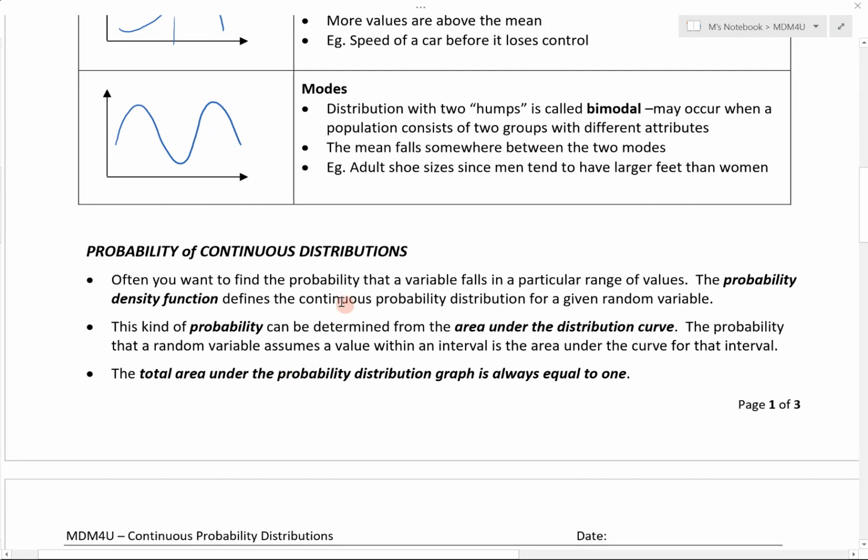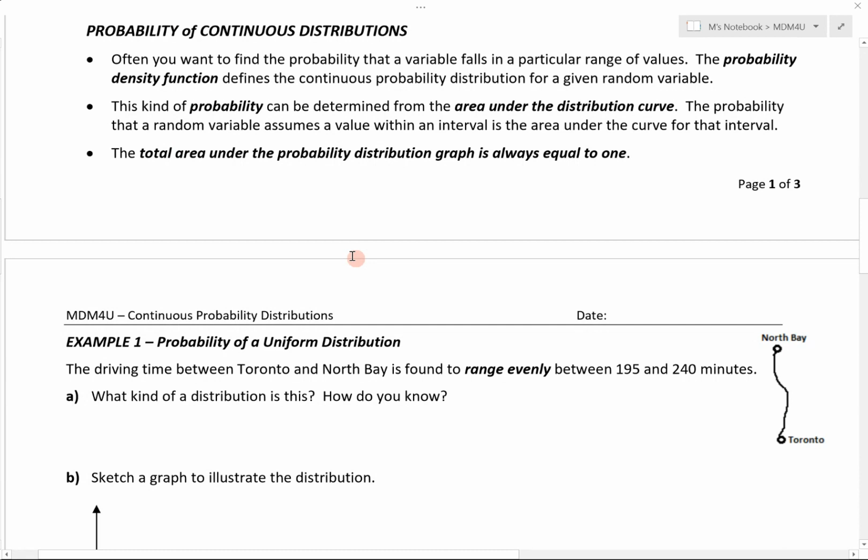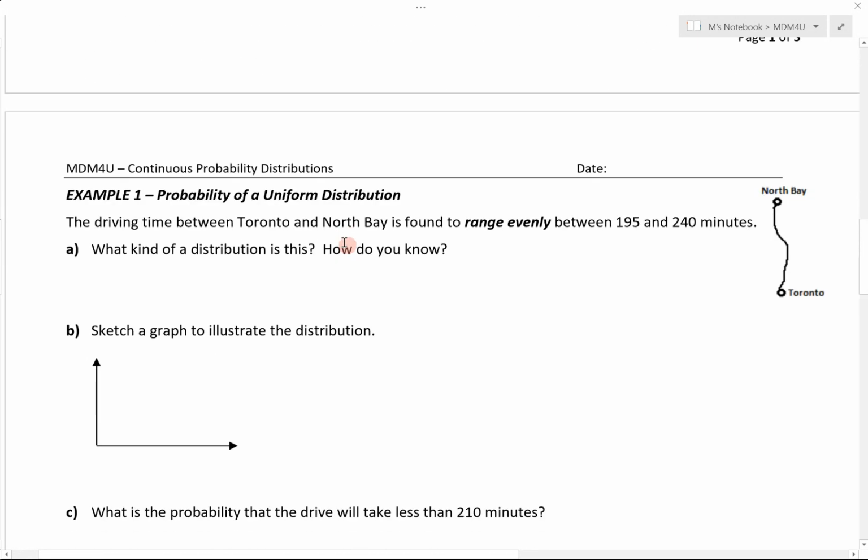When we did discrete probability, we looked at individual probability values and maybe added them up. When we're talking about continuous distributions, the probability that your event is within a certain range is the area under the curve. Let's look at some examples of what that might look like.